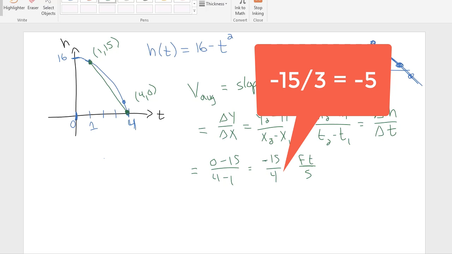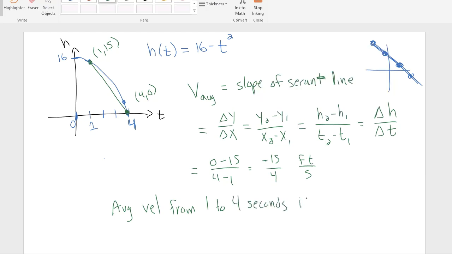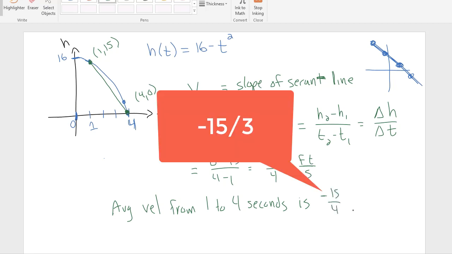As a decimal, that would be probably 3.8-ish, so negative 3.8-ish feet per second as our average speed from 1 to 4 seconds. We're looking over that time interval. So again, the average velocity from 1 to 4 seconds is negative 15 fourths feet per second.